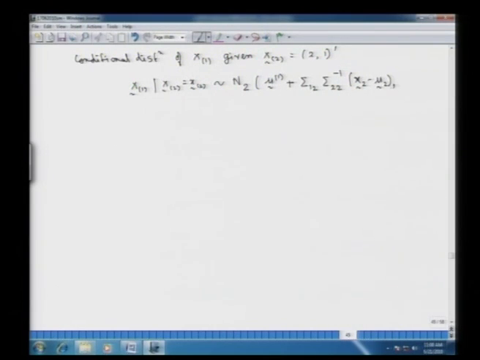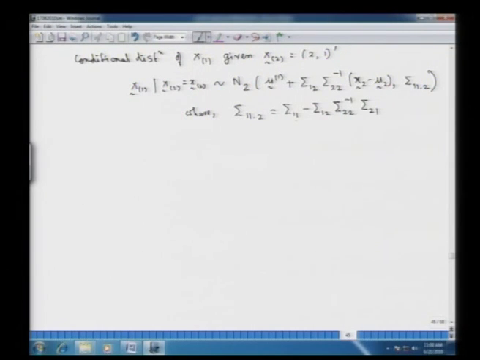So this is going to be the mean vector corresponding to this bivariate normal here, and the covariance matrix, say it is given by sigma 1 1 dot 2, where sigma 1 1 dot 2 is given by sigma 1 1 minus sigma 1 2 sigma 2 2 inverse sigma 2 1.